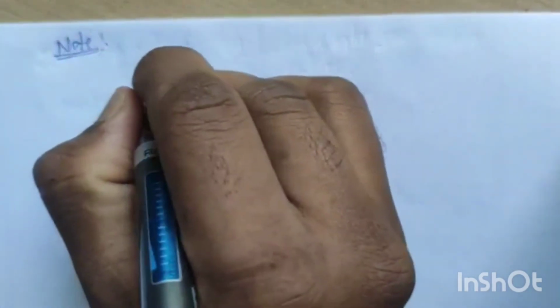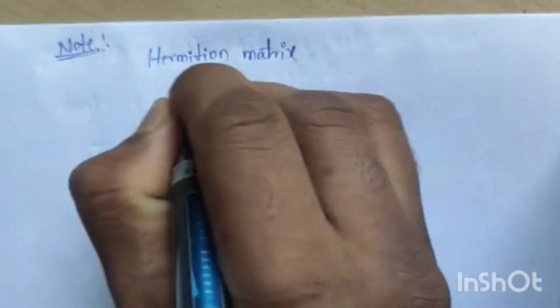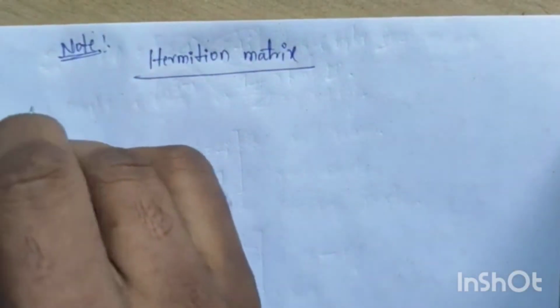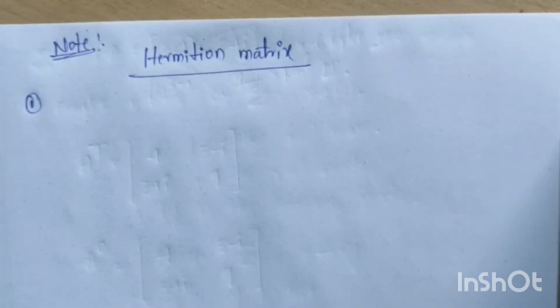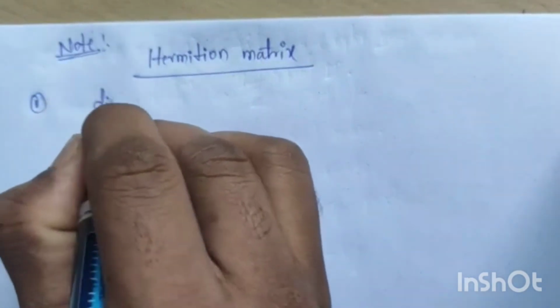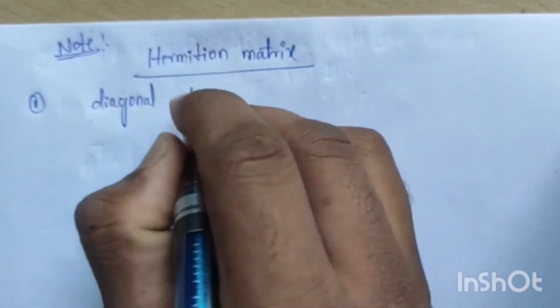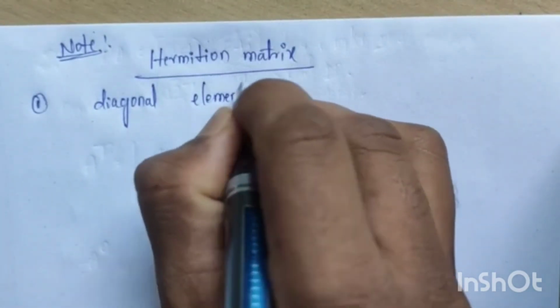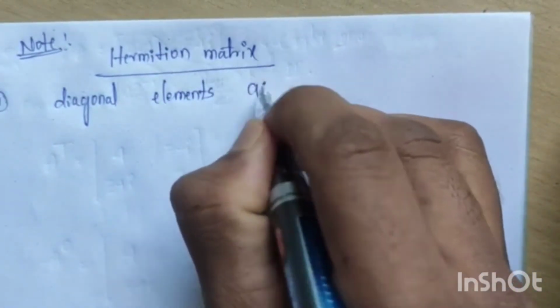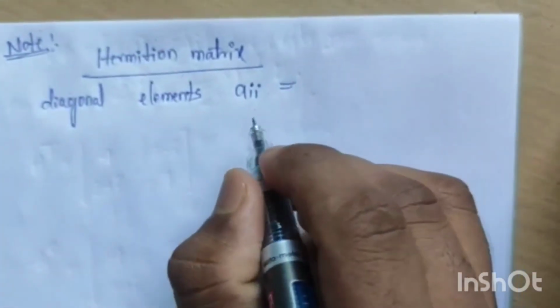Very important notes. First, the Hermitian matrix. Note number 1: diagonal elements a_ii are real values.